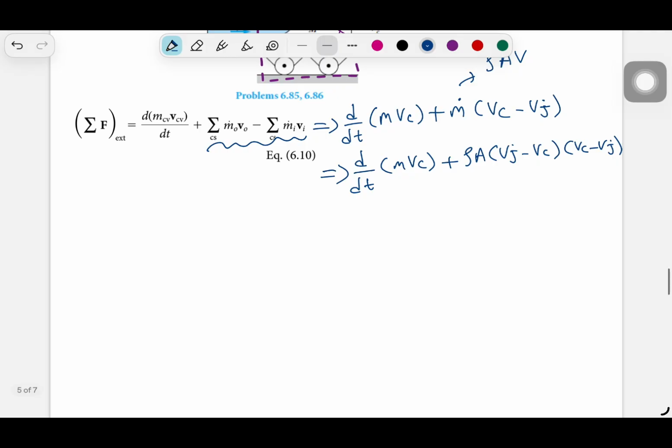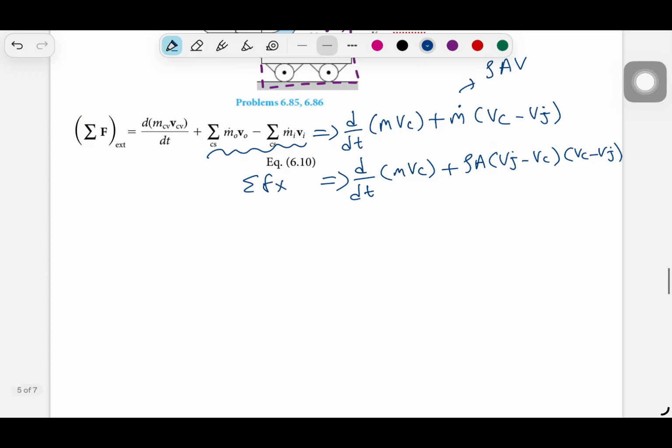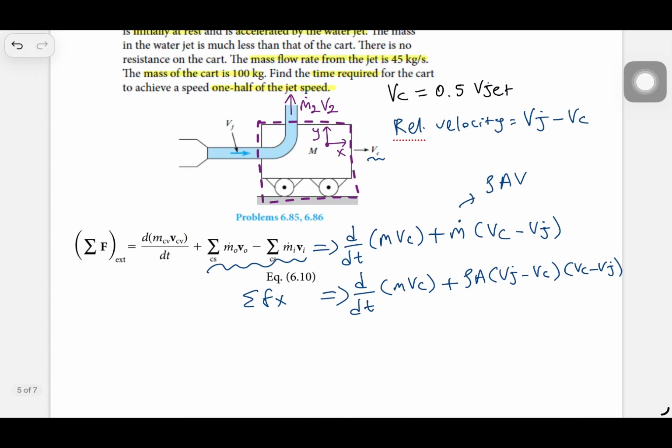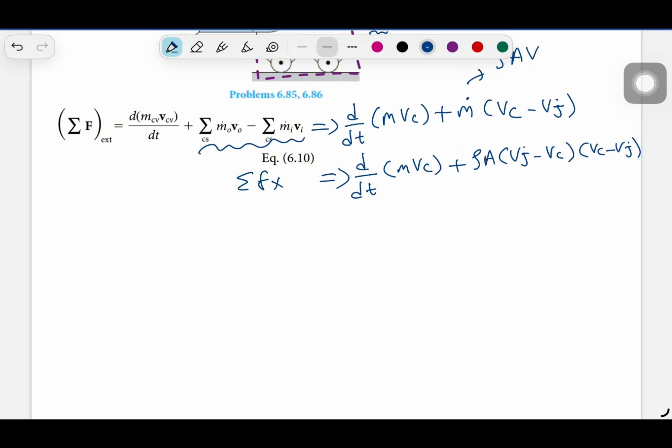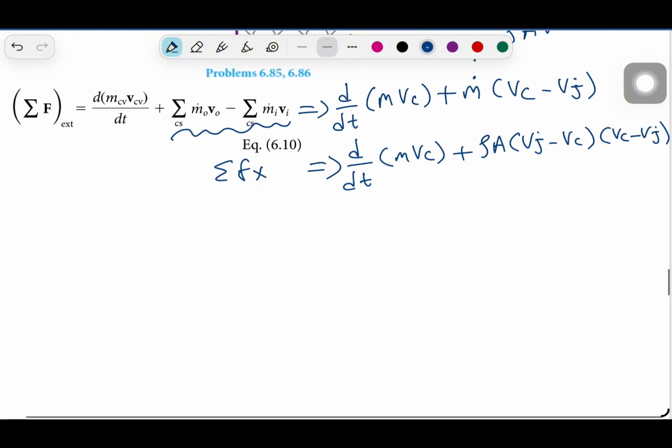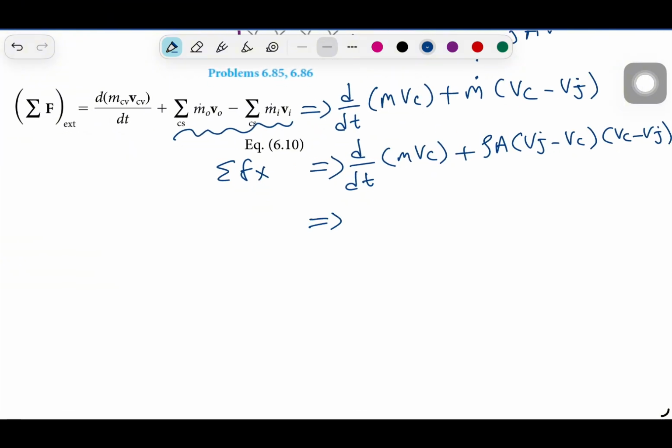And this is actually the total horizontal force. Since we are dealing with the acceleration and velocity, and we have this horizontal force, we can ignore the vertical momentum. So we will do all our calculations for the horizontal direction. Here we can do some more modifications. Since the mass is constant, we can take it outside.